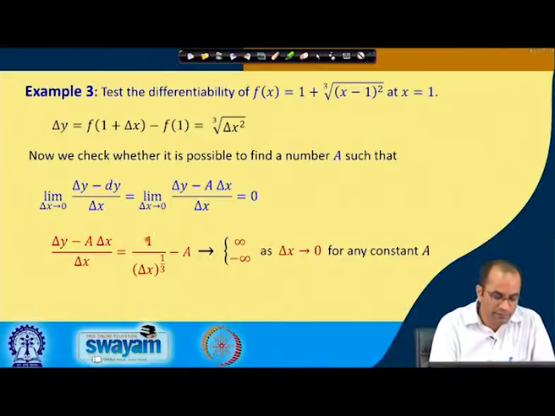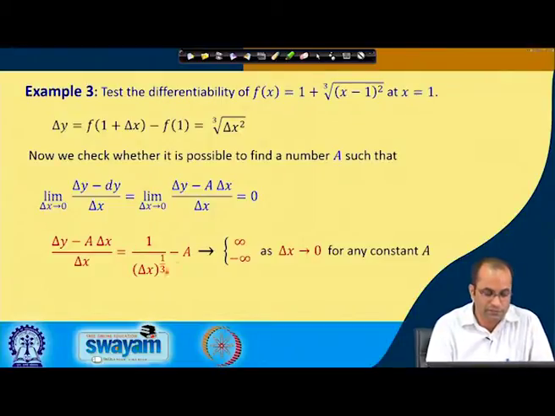Now what we observe is that this function approaches plus infinity when delta x approaches 0 from the right side, that is, when delta x is positive, and it approaches minus infinity when delta x approaches 0 from the left side, when delta x is negative. So in that case, whatever a we choose, this will be plus infinity from the right side and minus infinity from the left side, irrespective of the number a.